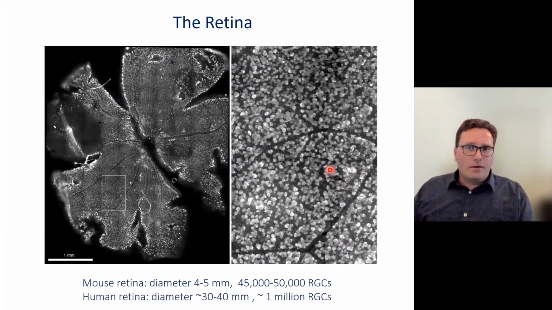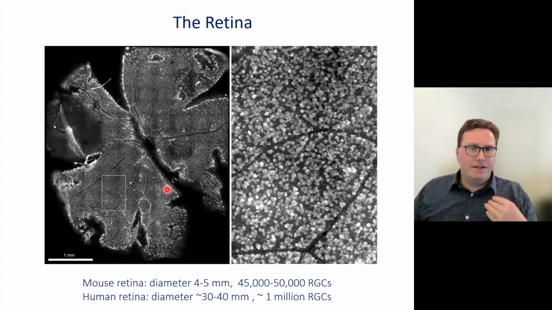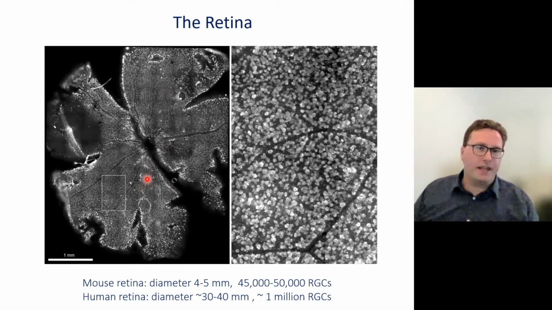The retina not only has many different types of ganglion cells, we also have a lot of ganglion cells. I'm talking now about the quantity. This is an explanted mouse retina. The mouse retina is around 4 or 5 millimeters in diameter, and it has around 50,000 ganglion cells.